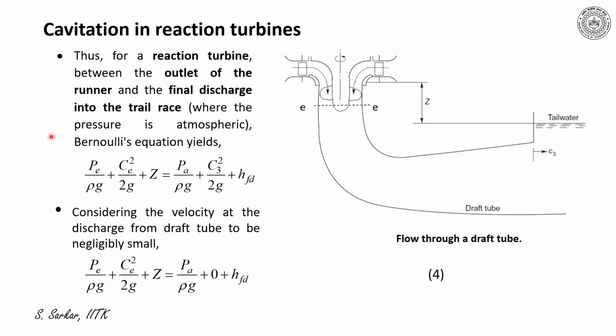Thus, applying the Bernoulli equation between the outlet of the runner and the final discharge into the tail race, we have P divided by rho g plus C squared by 2g plus Z is equal to PA by rho g plus C3 squared divided by 2g plus HFD, where PA is the atmospheric pressure and HFD is the head loss in the draft tube.